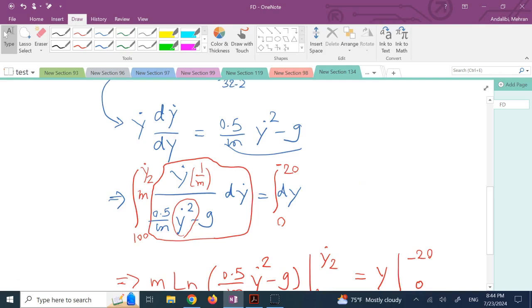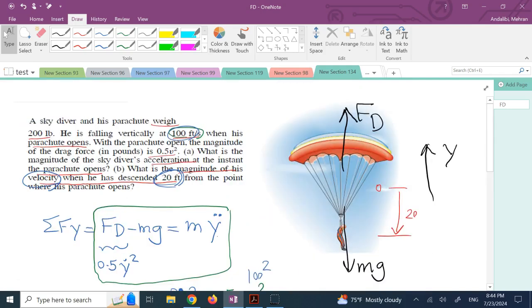And again, you could have done it with work energy. In this case, the drag force and the mg both will do work. The problem is for mg, the formula for work is negative mg delta y, but for the drag force is not constant. So in order to calculate the work of that, you have to do integration. You have to integrate that 0.5 v squared over dy.